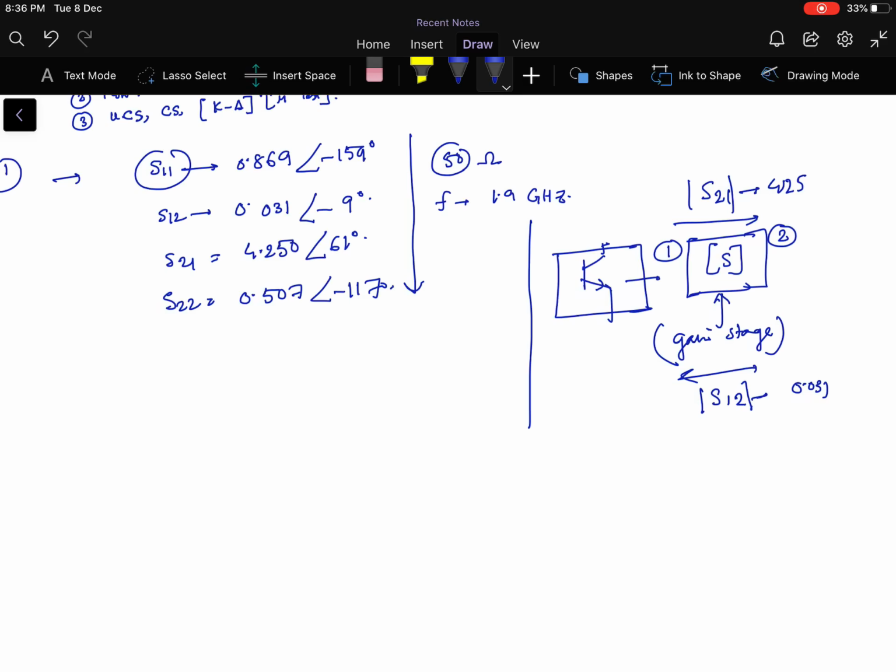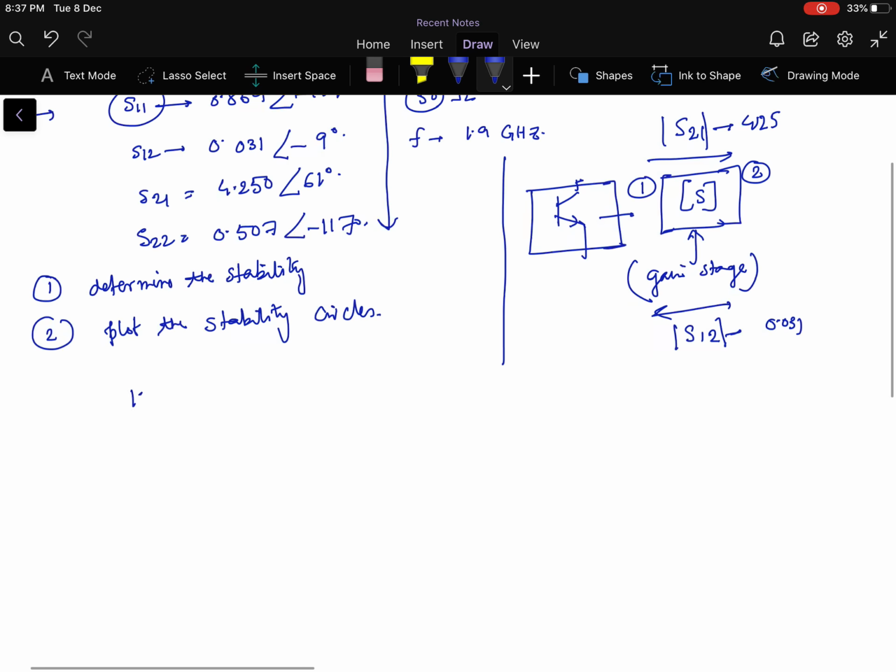The question asked was to determine the stability and plot the stability circles. First, to check the stability we have to use the k delta test.